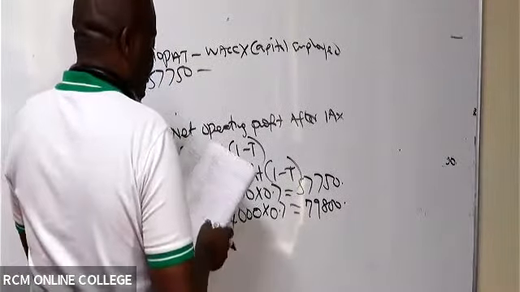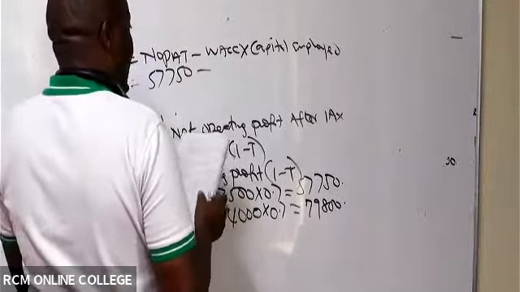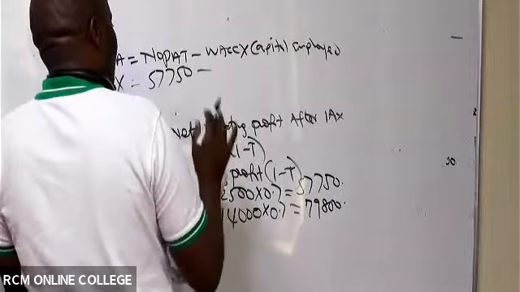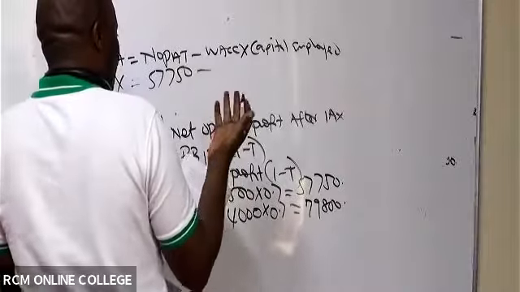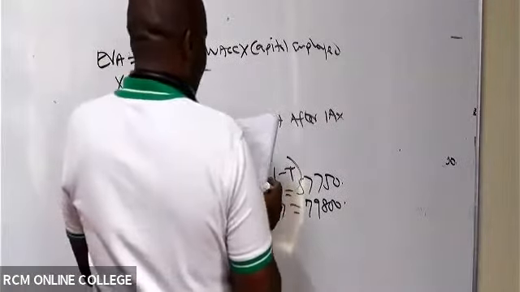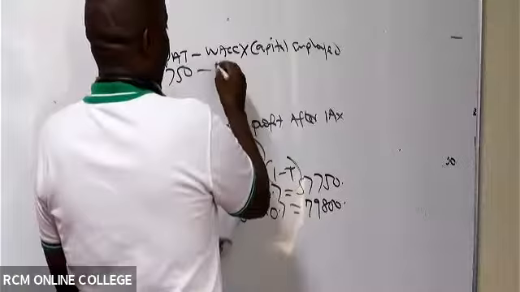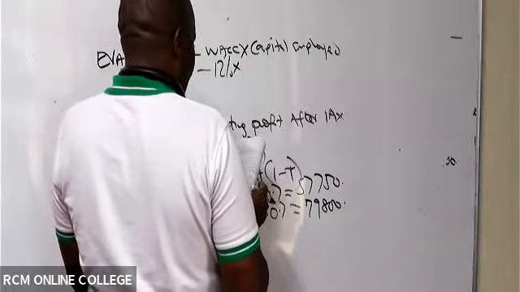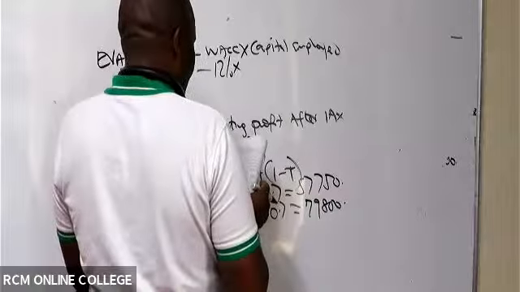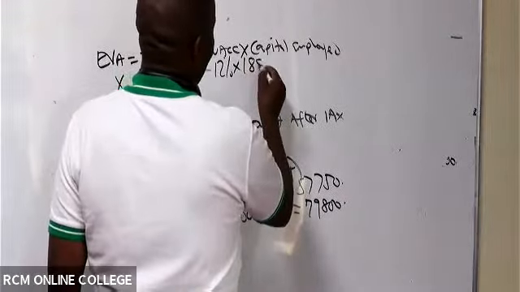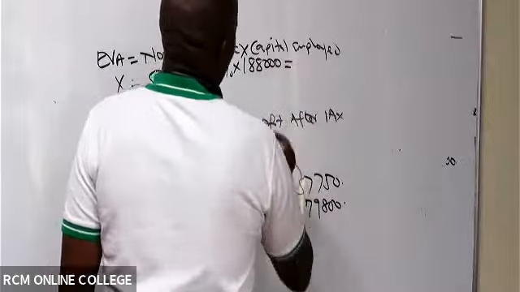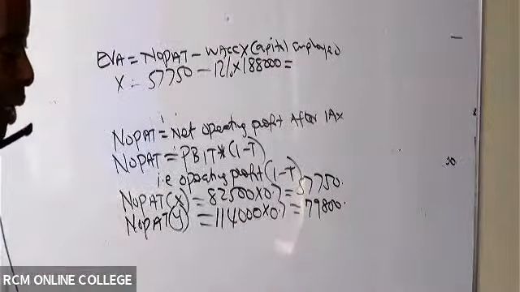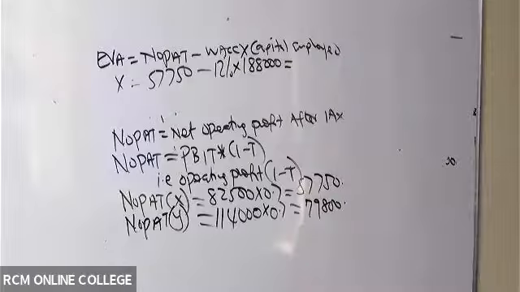We don't have WACC here, but I wish they were to give us cost of equity, cost of debt, and then they tell us to compute WACC. So in this case here, we simply use cost of capital given, 12%, multiplied by the capital employed of 188,000. So are you able to give us an answer for EVA for X?